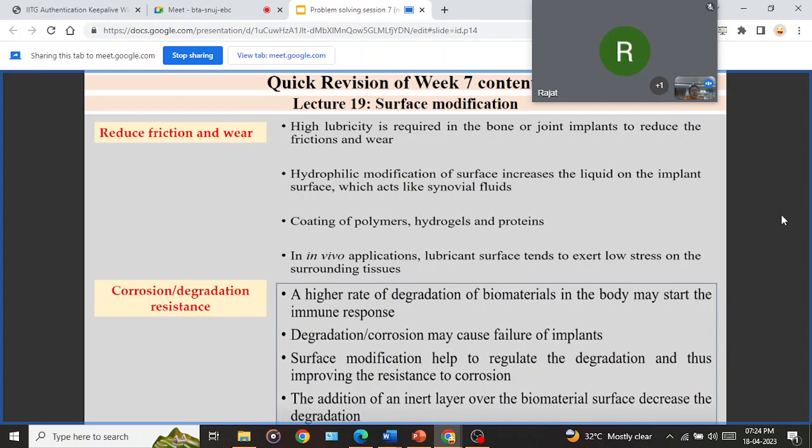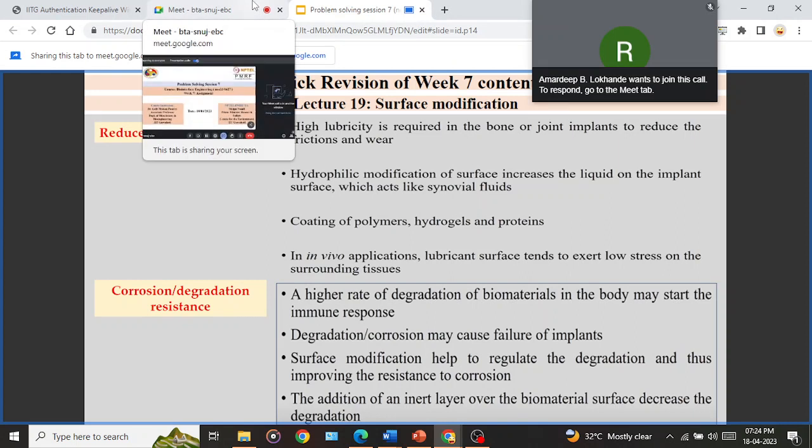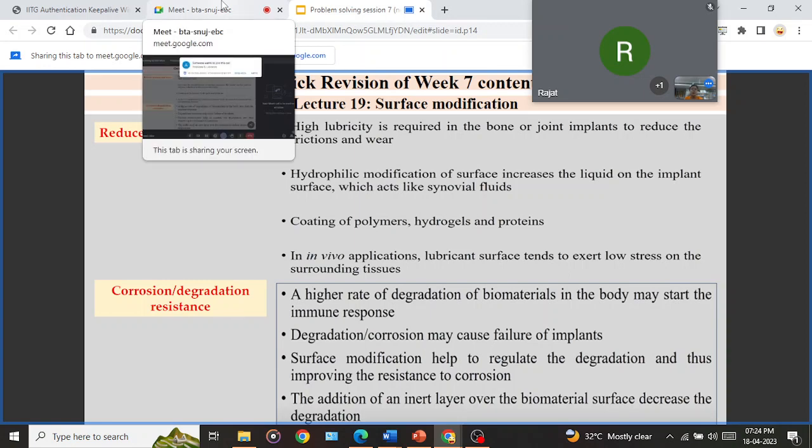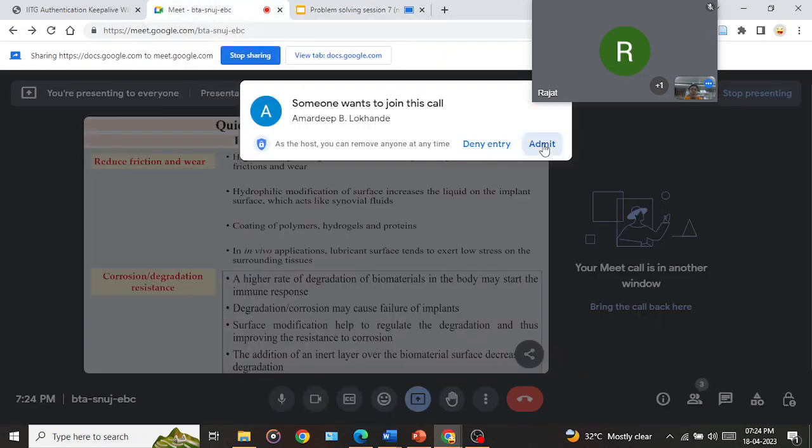Again, surface modification will help to regulate the degradation, and it will help improve the resistance to corrosion. Addition of an inert layer over the biomaterial surface helps to decrease the degradation. We don't want degradation because a higher rate of degradation of the biomaterial in the body may start the immune response again. So we do not want any inflammation.